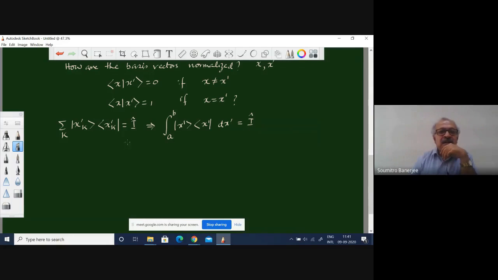All we have done is to say that we are dividing into an infinite number of such small elements, so that at the end it converges to an integral. Therefore, the integral has to be the identity.